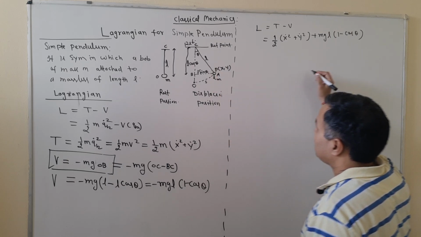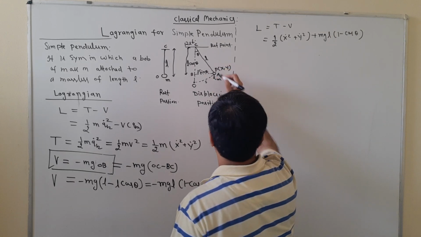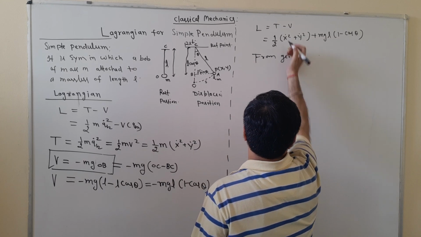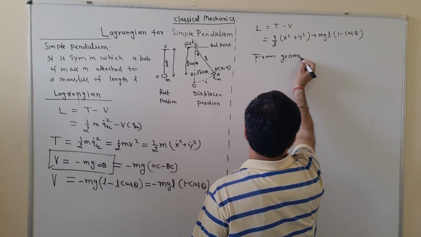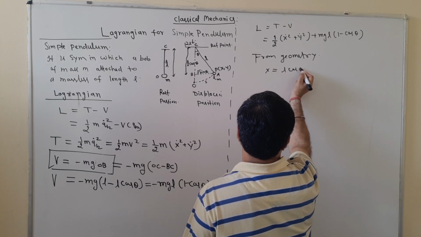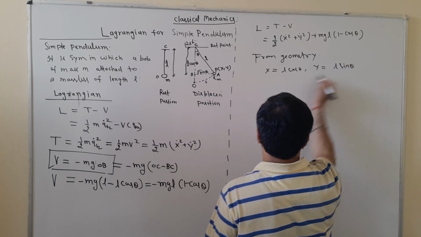From this expression, what is our x dot? From this geometry, x is L cos theta and y is L sin theta.